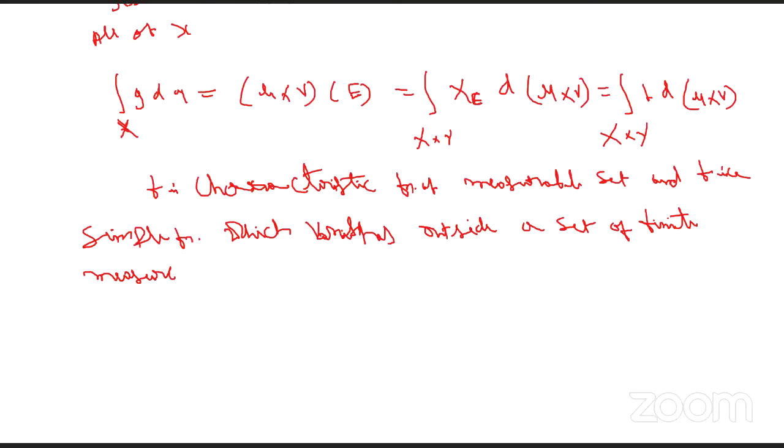So now f is a non-negative measurable function. Then there is a sequence phi n of non-negative simple functions, where phi of n tends to f as n tends to infinity.